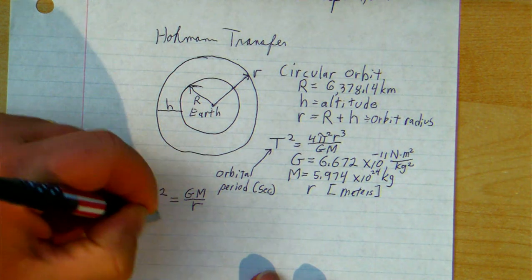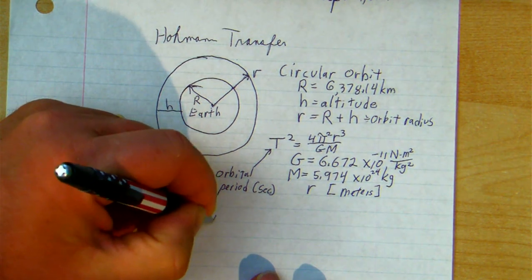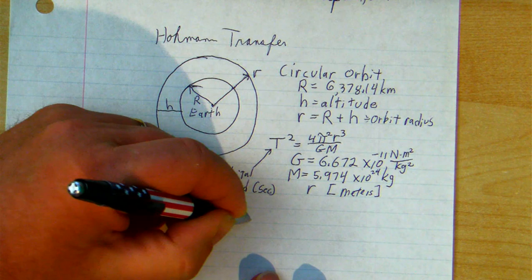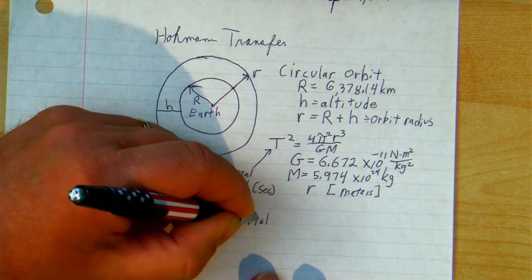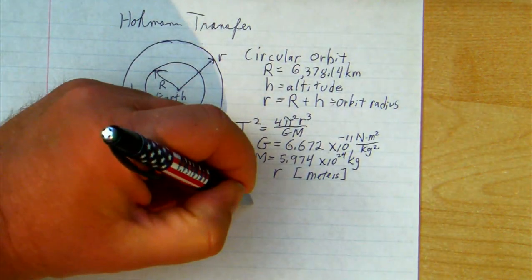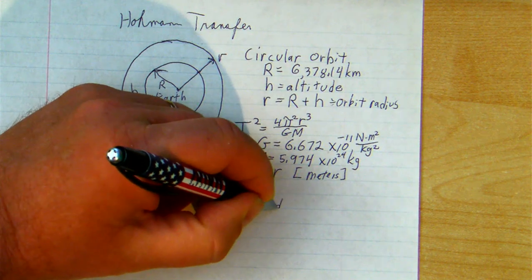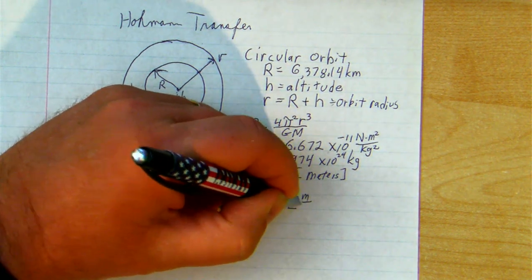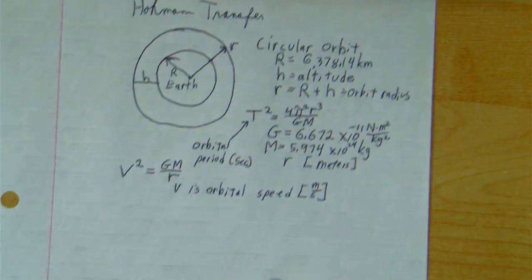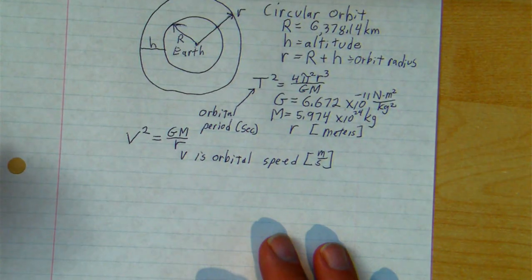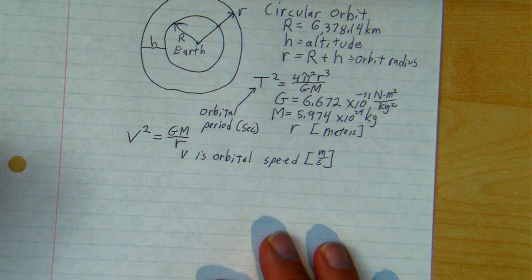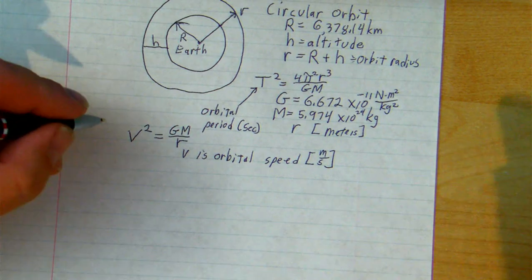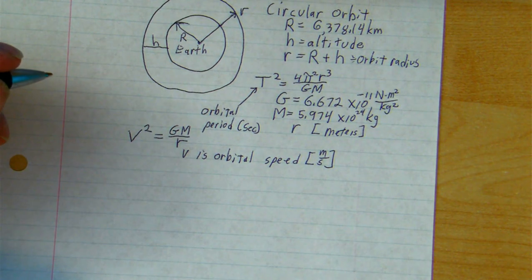And v here is orbital velocity, but I'll just write speed today. Orbital speed in units of meters per second. So just as a trivial example, let's say that I have a satellite orbiting the Earth.